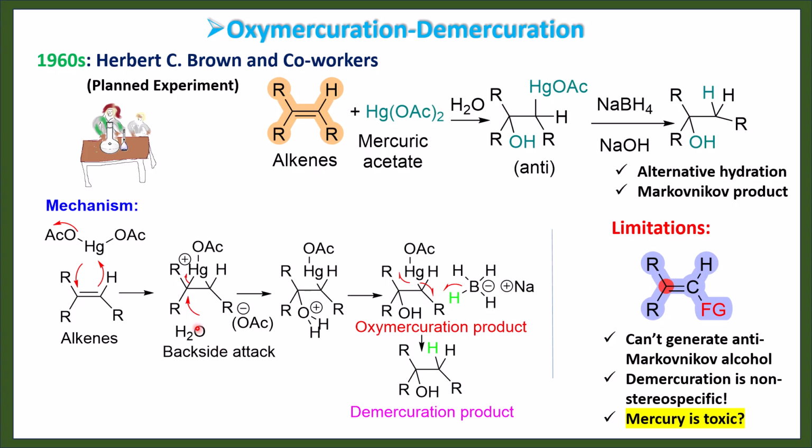This attack happens on the side where carbocation generation would be more stable, so the water addition happens there and gives this intermediate, and further deprotonation gives this intermediate. This is the oxymercuration product.